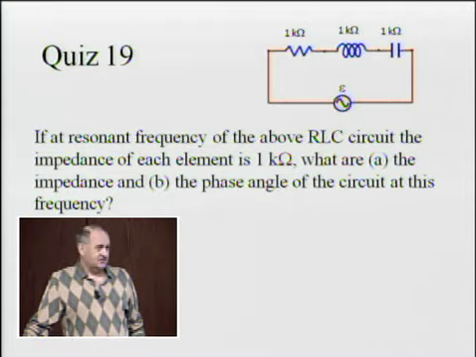So if the three elements are connected in series, despite each of them having an impedance of 1 kilo ohm, the combination also has an impedance of 1 kilo ohm.